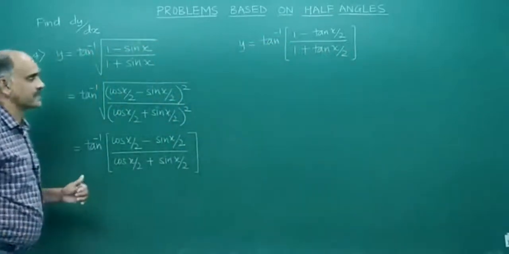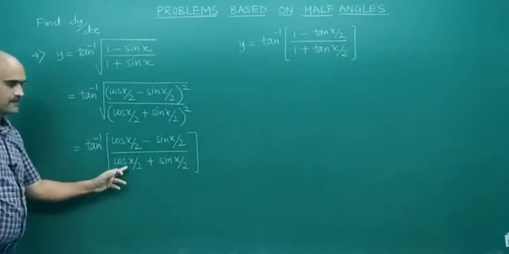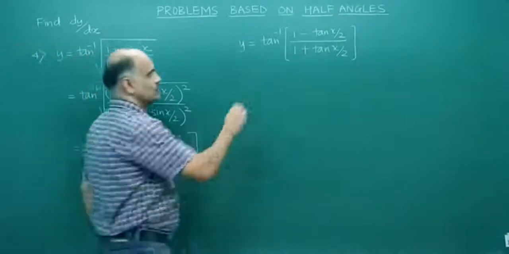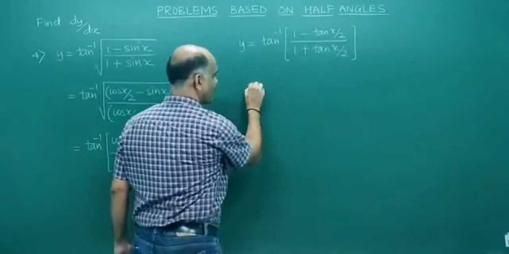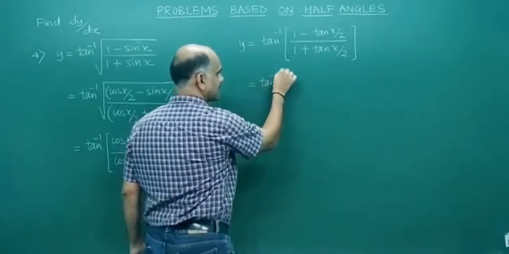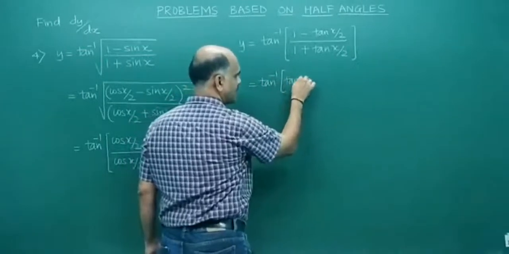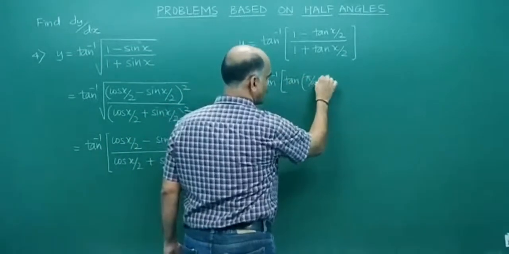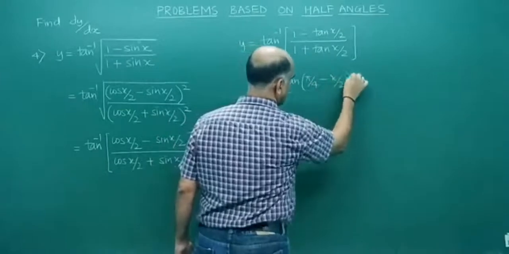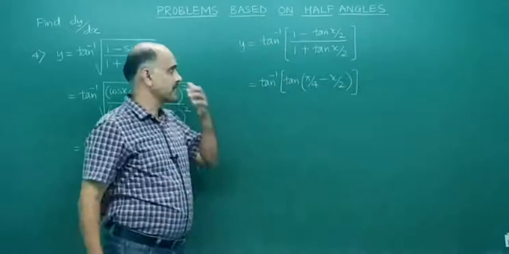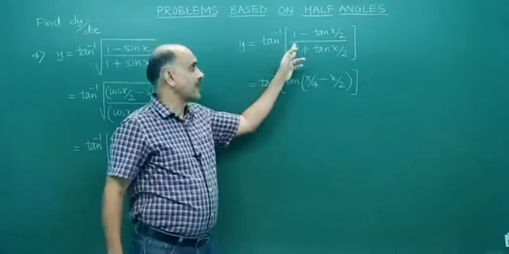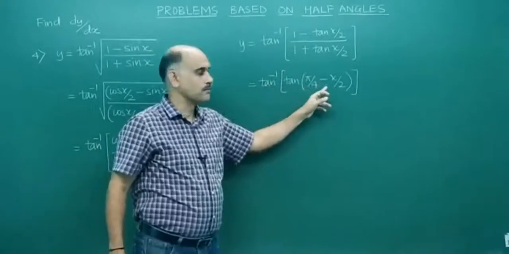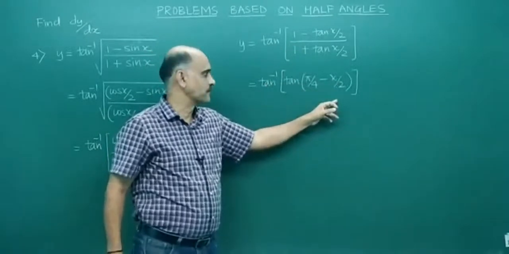So now this bracket, again it is the formula of tan pi by 4 minus x by 2.